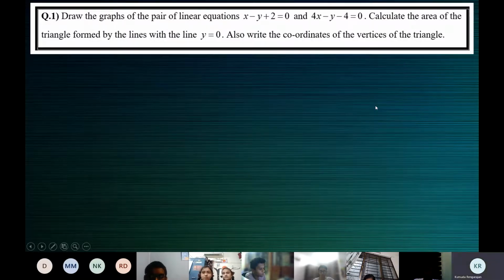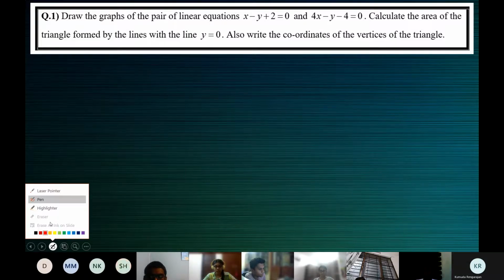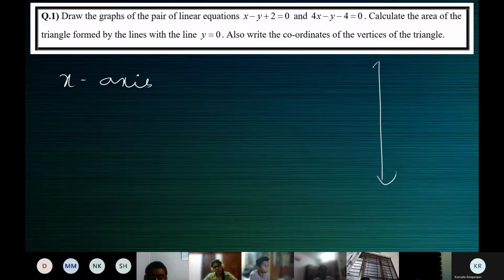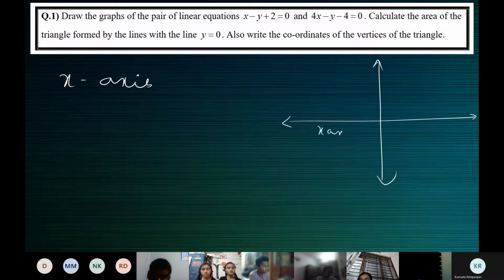Okay, let's recall. Now tell me, what is the equation of the x-axis? This is the x-axis. Y is equal to 0.